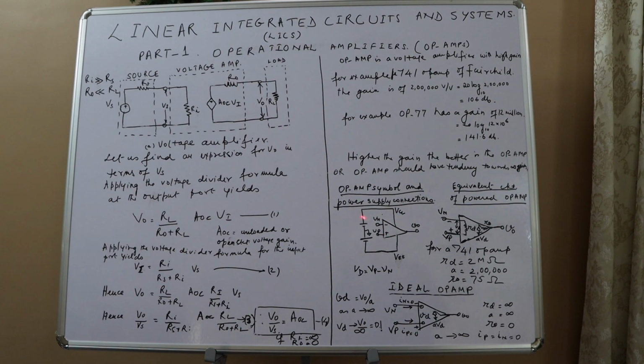Op-amps do not have a zero-voltage ground terminal. Ground reference is established by a power supply common, as shown in the figure. The supply voltages VCC and VEE are about plus and minus 15 volts. Of course, other values are also possible.